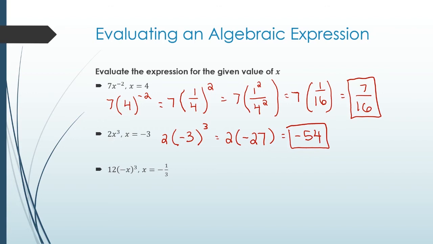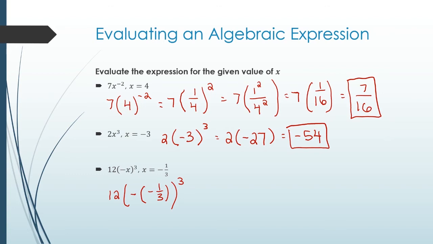Okay, now this last one, we've got a negative and then our x. So this one's a little confusing. So I've got 12 parenthesis negative, and then I'm going to put parenthesis, x is negative 1/3. So I've got to make sure I close all my parentheses, and then the 3 is on the outside. Following the order of operations, we need to simplify inside the parentheses first before we do the exponents.